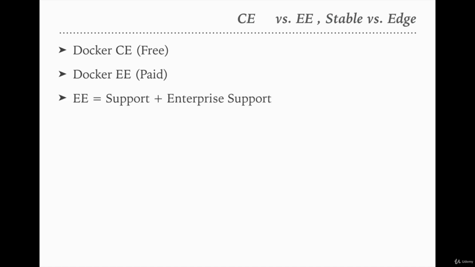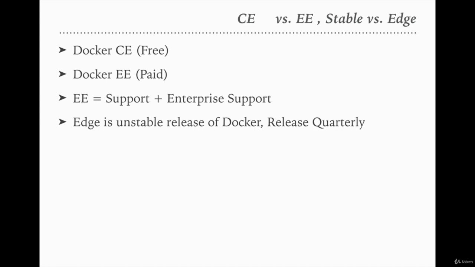Now let's talk about the stable and edge releases. Docker CE is a free version and Docker Enterprise Edition is a paid version. Enterprise Edition comes with enterprise support and some stable release features. Edge release is an unstable release of Docker.